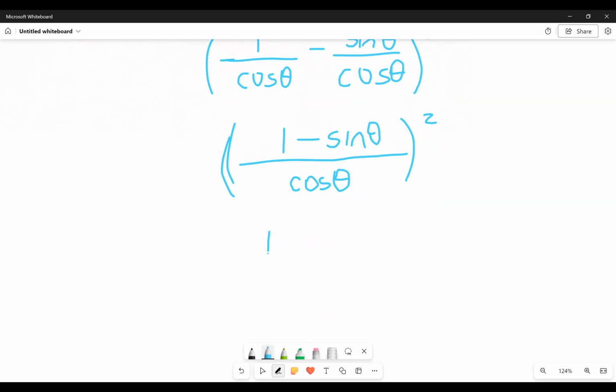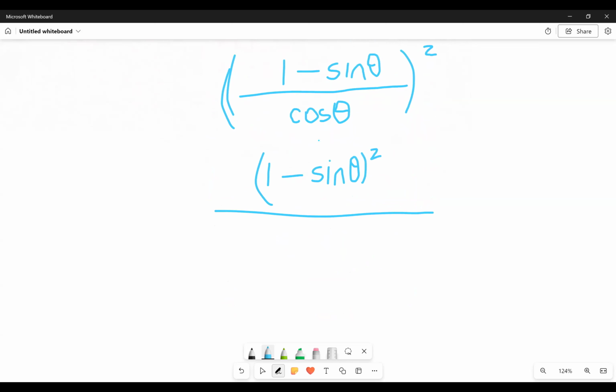We're going to have 1 minus sine squared over, we're going to square that, over cosine squared, right? This is cosine squared, but we know that cosine squared is just 1 minus sine squared.